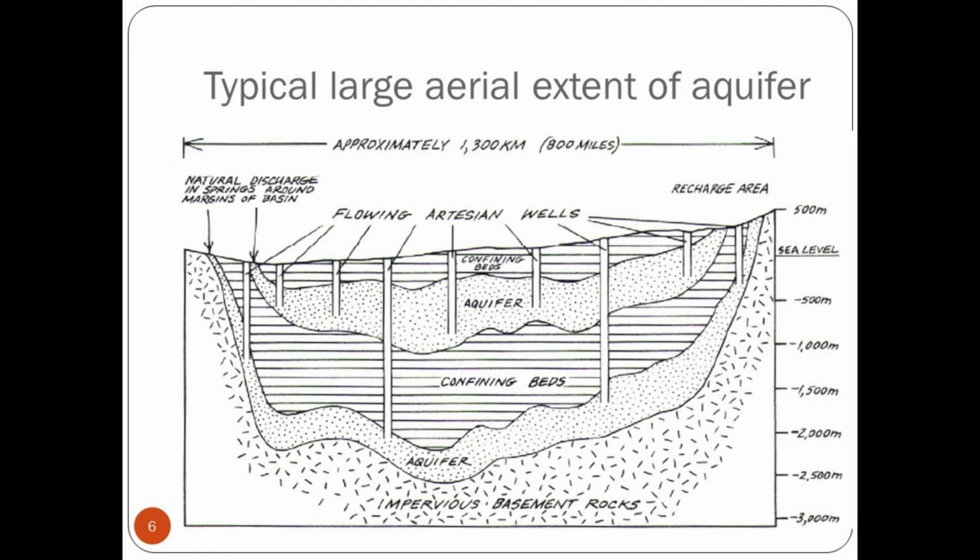The areal extent of groundwater flow systems varies from a few square miles or less to tens of thousands of square miles. The length of groundwater flow paths ranges from a few feet to tens and sometimes hundreds of miles.